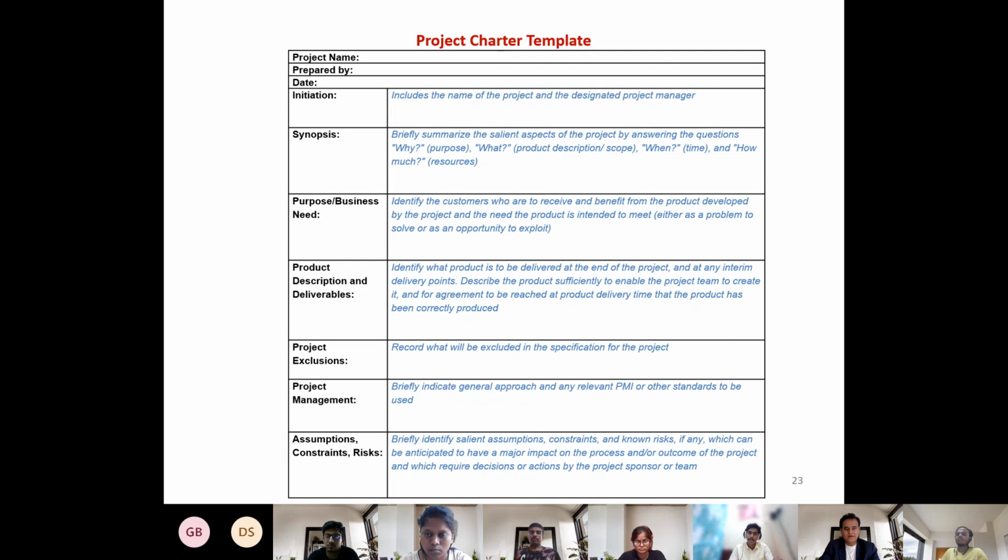So you will articulate saying, this is a vertical urban farming project that we are proposing, and I'm going to be the project manager, or this is my company ABC company, which designated me to be the project manager. So I'm writing this project charter to request for fund. Okay. Yes. So what will you write in the synopsis?